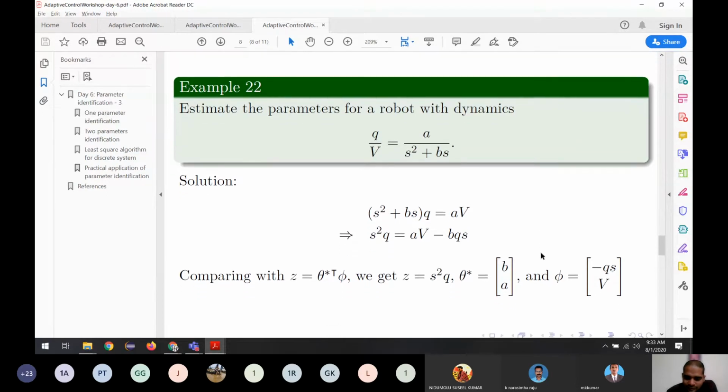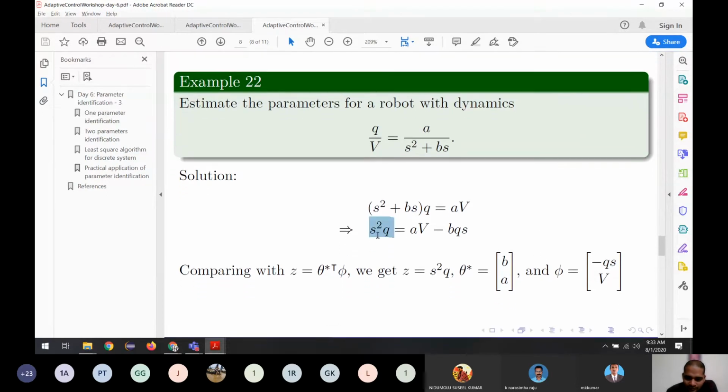In this form, this part we can measure, so we consider it as Z, and this part we can't completely measure. So we separate the ones we can measure and the ones we can't. I'm using a static parametric model, meaning the parameters will always be static.